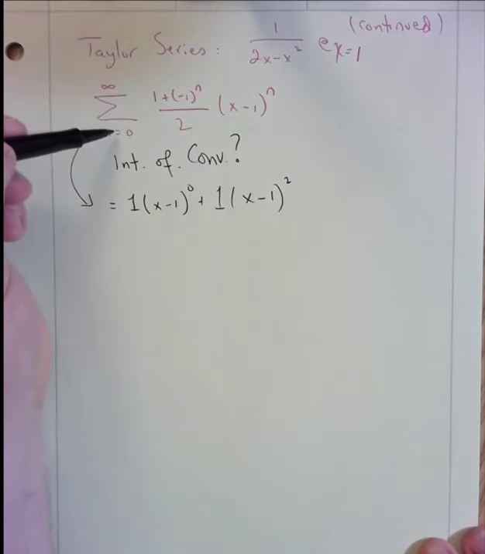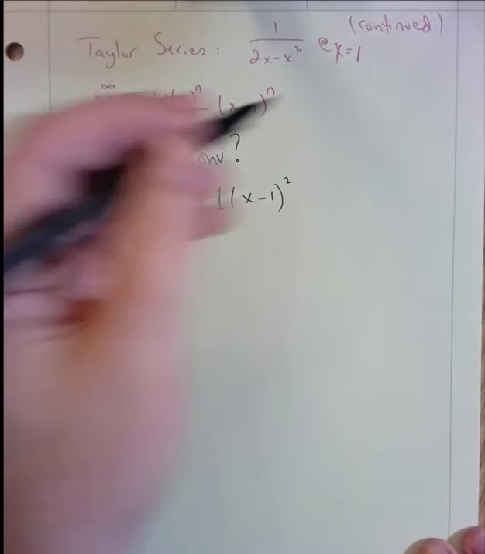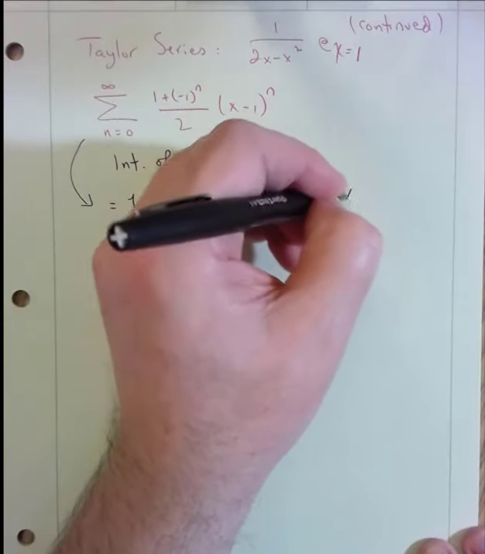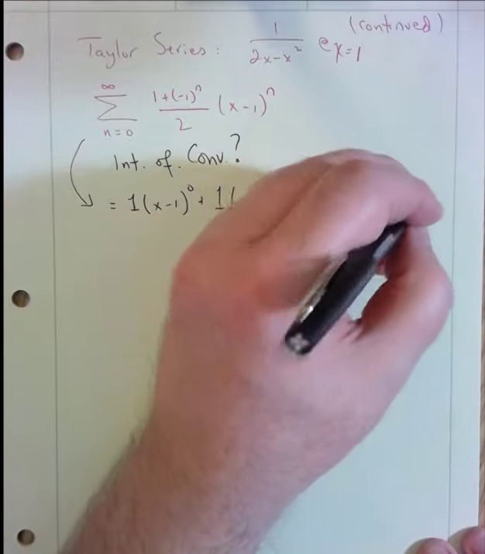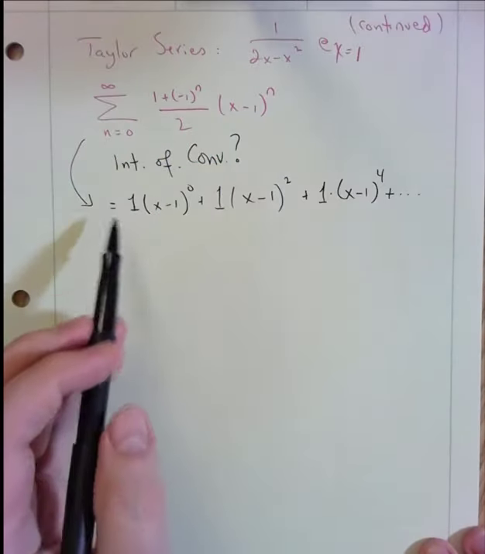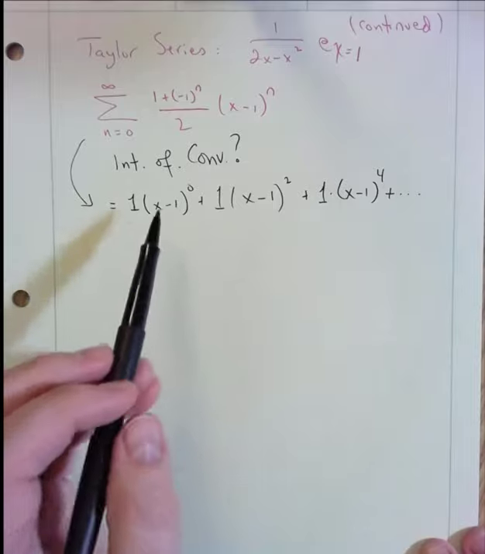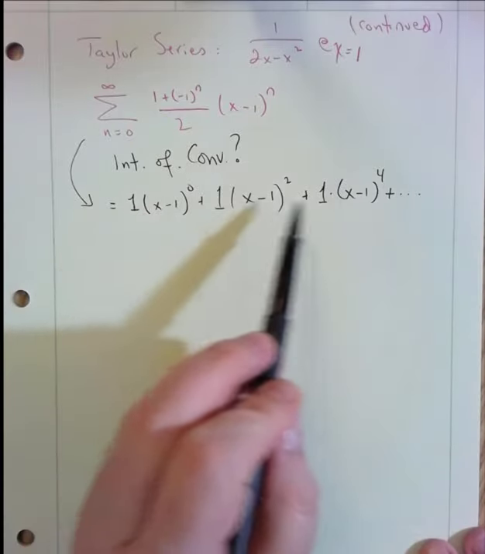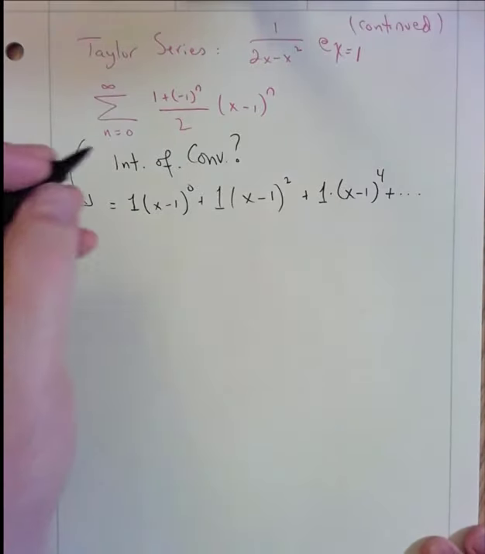When n is 3, this will be 0. When n is 4, this will be 2 over 2. So what we can see is the coefficient is always 1. That's nice. And then we have even powers of x minus 1 cascading down the series.